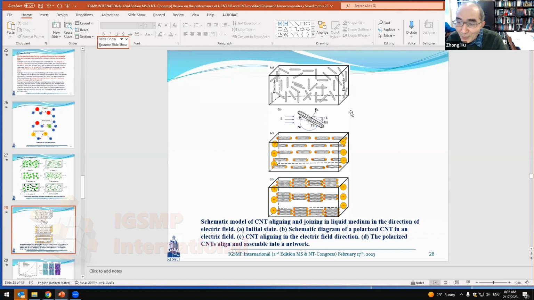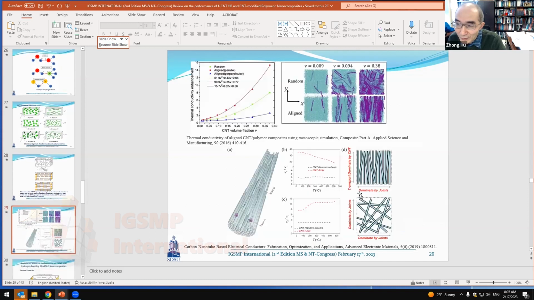So when you apply an electric field or a magnetic field, they can generate an electric field and a magnetic field over the entire polymer, so they can turn and change the direction. So they change the direction, and in the alignment direction the property will be totally different.